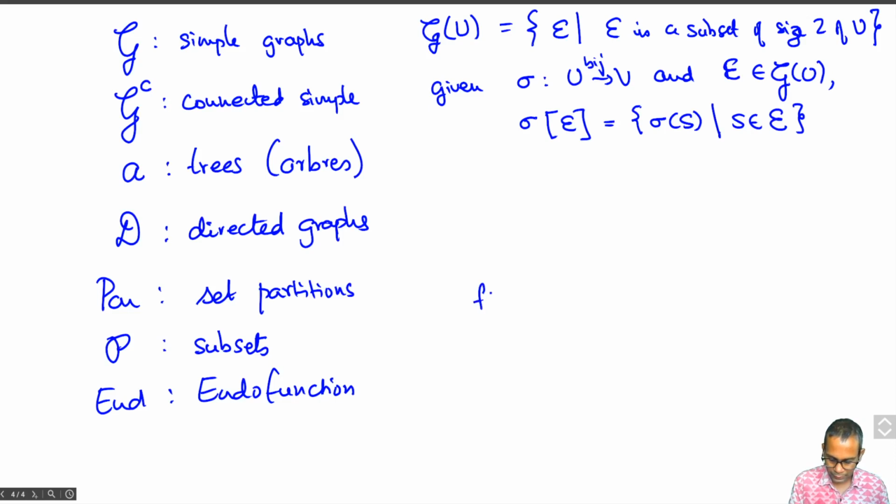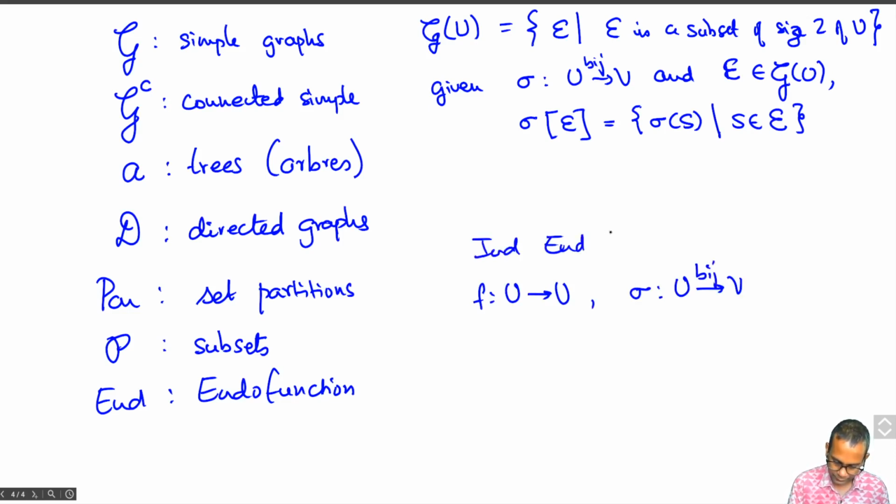So given a function f from U to U, and sigma a bijection from U to V, then, in the category End, sigma f of sigma u is sigma v is the definition of the transfer of structure.